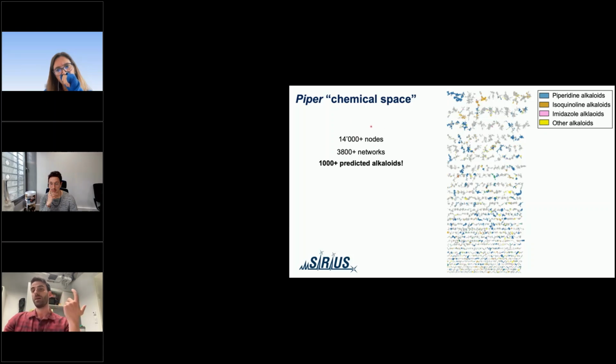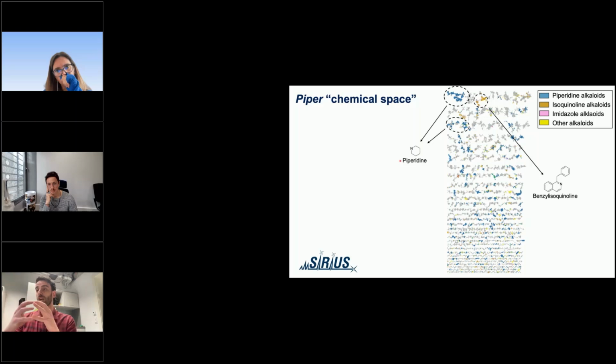And what was nice is that when we overlaid the compound class predictions from this software, more than 1,000 nodes in the network were predicted to be alkaloids. And actually, many of them grouped together into big molecular clusters, which might represent structure-related molecules, alkaloids that belong to the same biosynthetic branch.